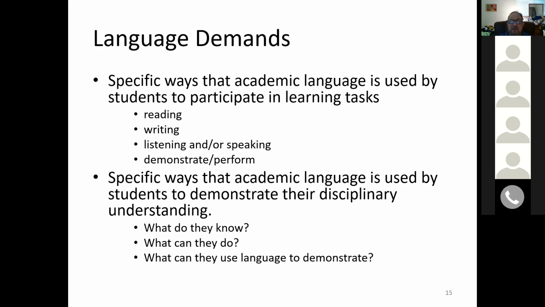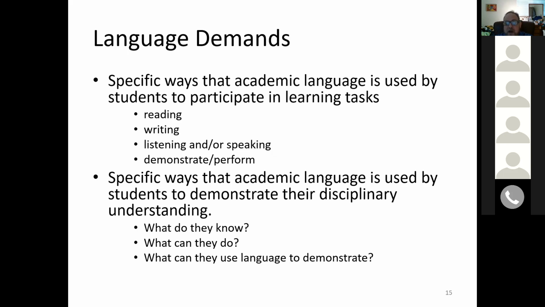Language demands. Specific ways that academic language is used by students to participate in learning tasks. Reading, writing, listening, and or speaking, demonstrate, perform. Specific ways that academic language is used by students to demonstrate their disciplinary understanding.